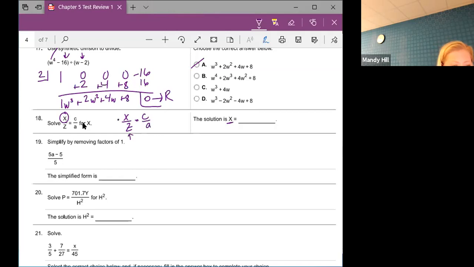So to get rid of a divided by z, we would need to multiply both sides by z, and that would cancel out, and we would get c times z over a when we multiply this stuff out. x is equal to cz over a.